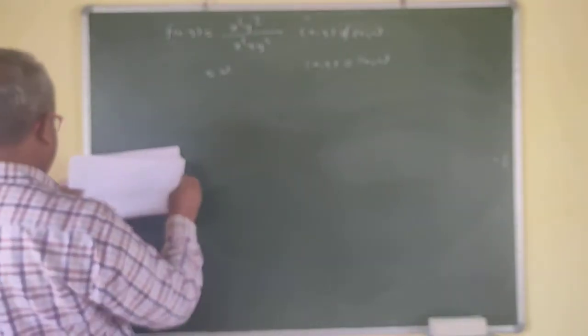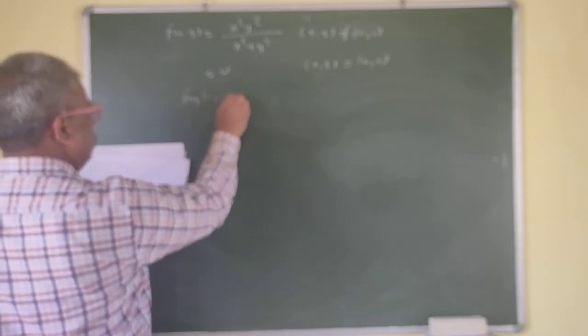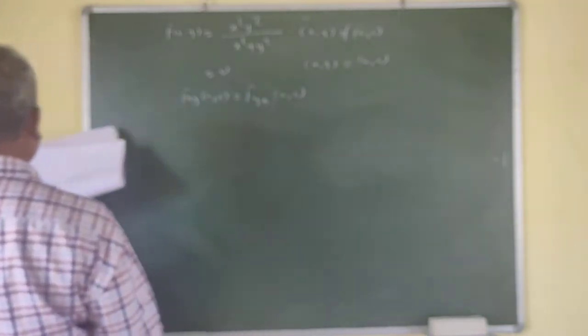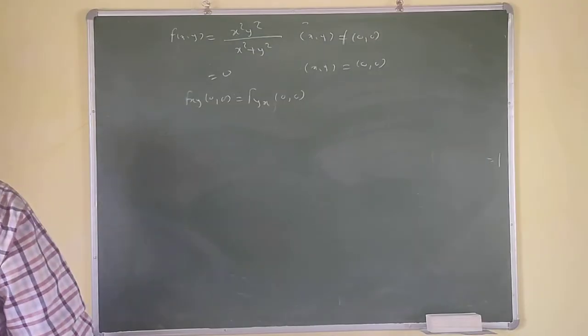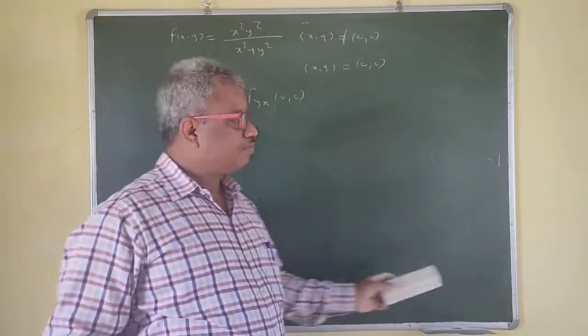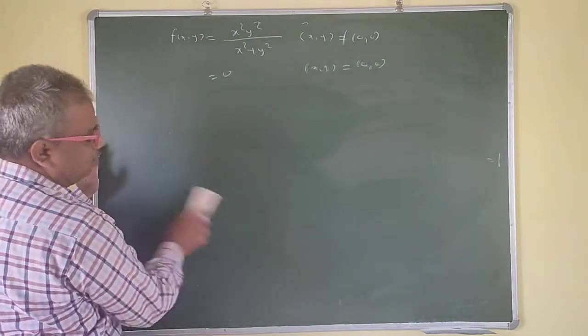Show that fxy(0,0) is equal to fyx(0,0). Try to show that they are equal now here. So in the previous problem what we have seen, they are not equal. Okay, so now again we'll find it in a similar way.